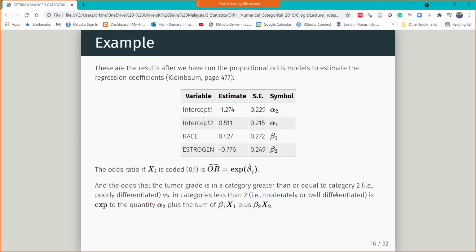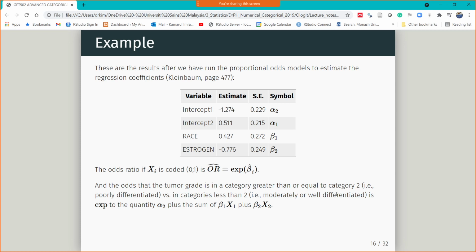Okay, so this is an example of a table where we run the analysis, and this can be found in the Kleinbaum book, page 477.